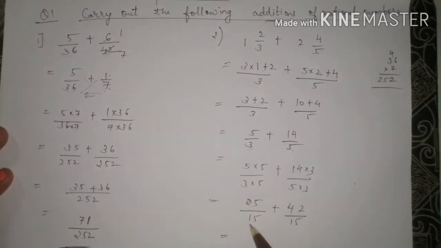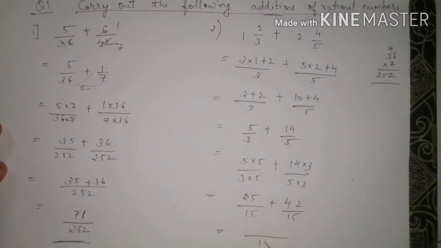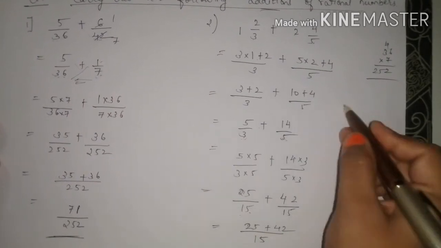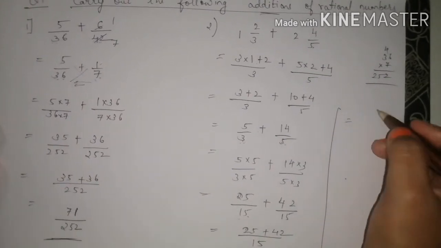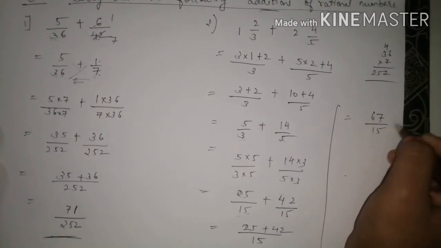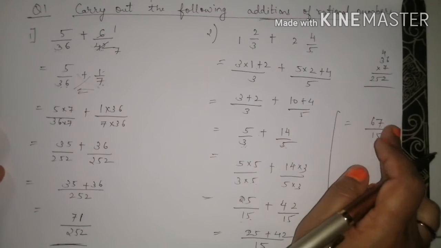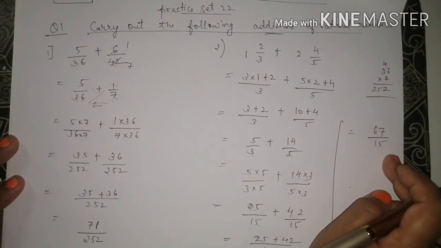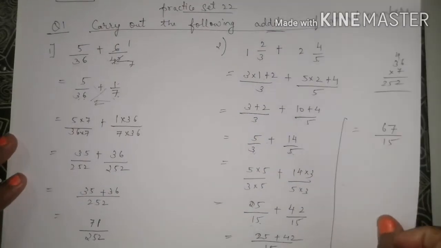Now the denominators have become the same, so write it one time and add the above numbers: 25 plus 42 is 67 upon 15. This will not get reduced in any table, so keep the number as it is. So our answer to the second sum is 67 upon 15. Now let's move to the third one.